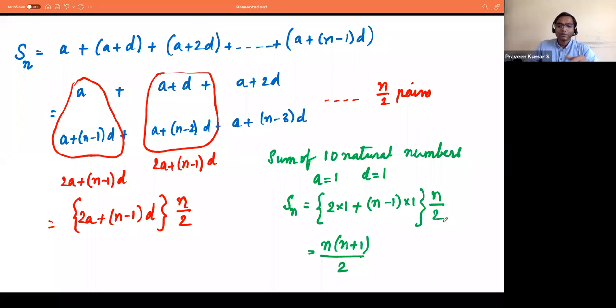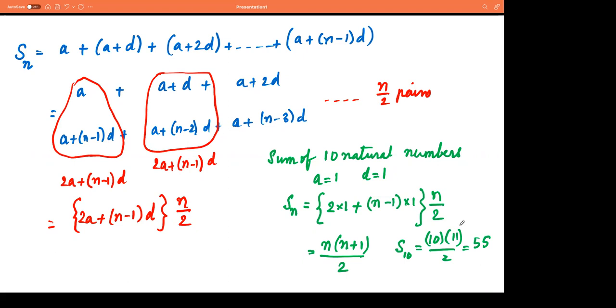Now if you want to calculate the first 10 natural numbers, S10 is equal to 10 into 11 by 2, which will be 55. That's what we had got earlier. Am I right?